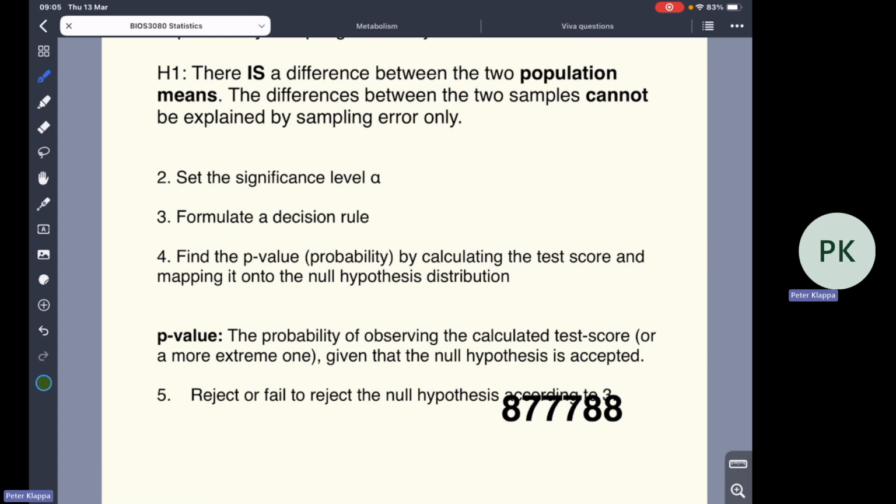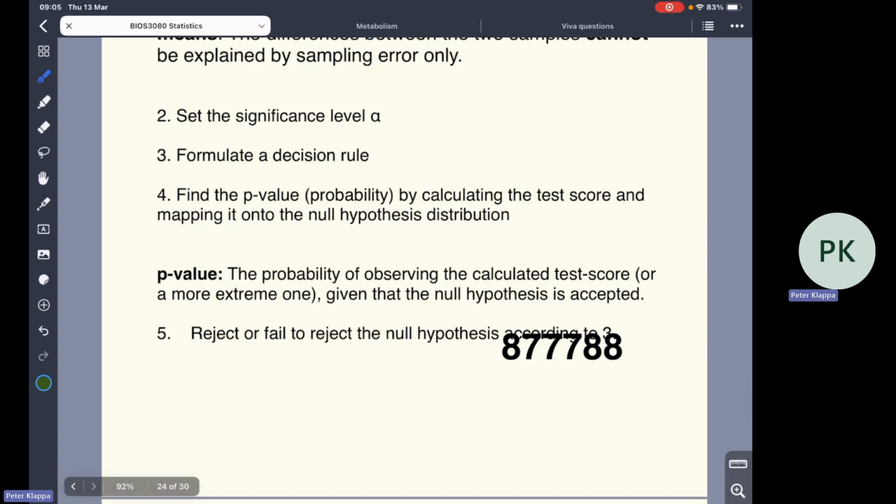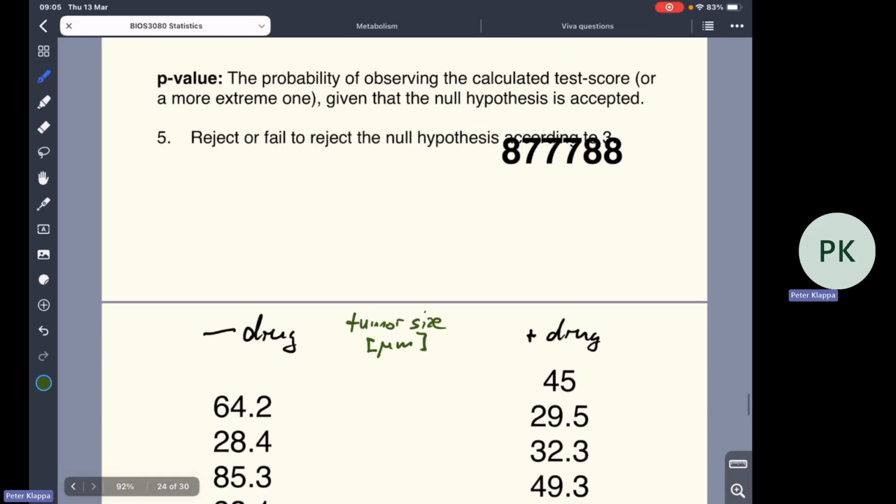That is a really formulaic process that we are going to use every time we do a statistical test, and it doesn't really depend on the statistical test. We might need to reword the null and alternative hypothesis a little bit, but the steps in principle are exactly the same. Yeah, so that's where we left off last week.